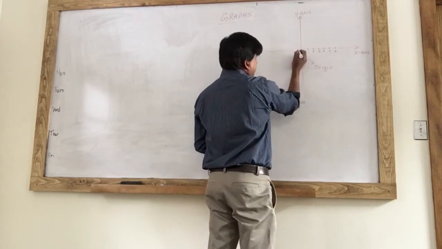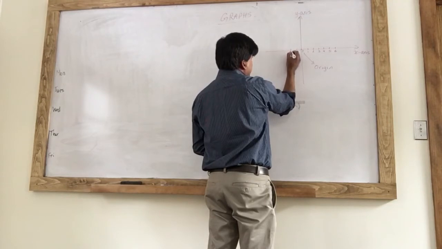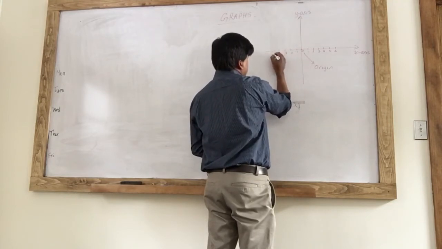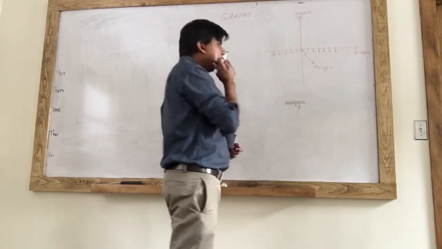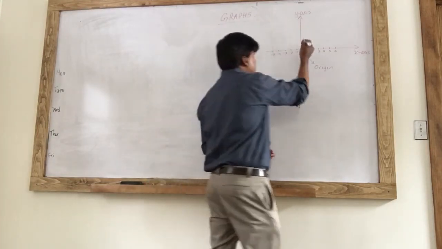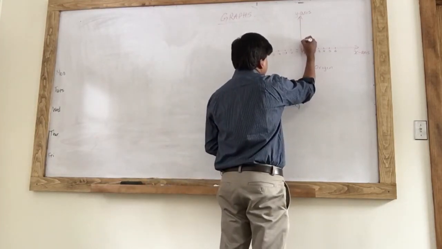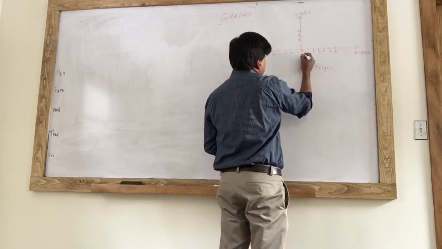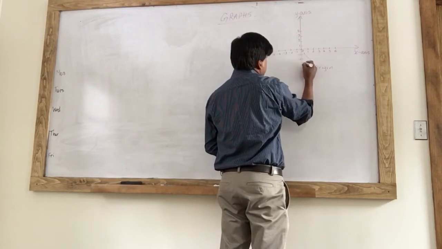And when we count backwards, we'll count the negative numbers. Similarly, when we move vertically upwards, we'll count the positive numbers on y. And below here, we'll count the negative numbers for y.